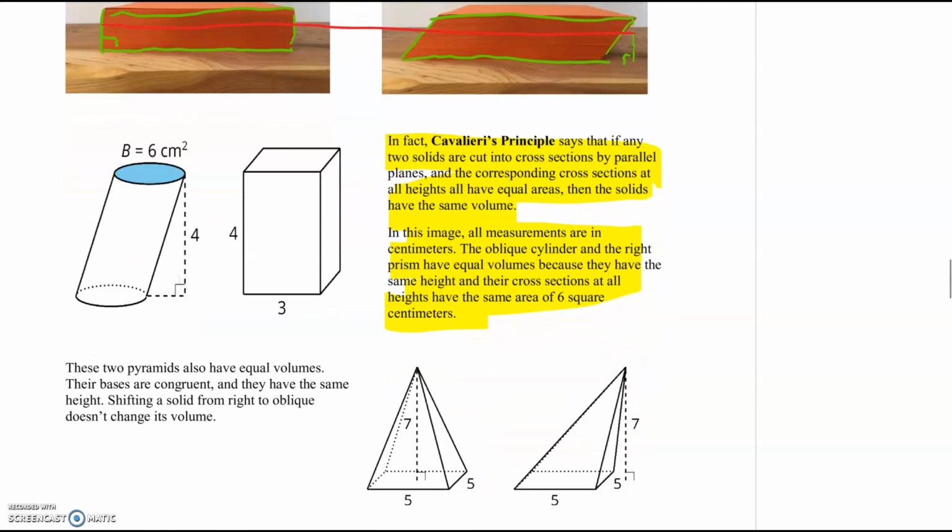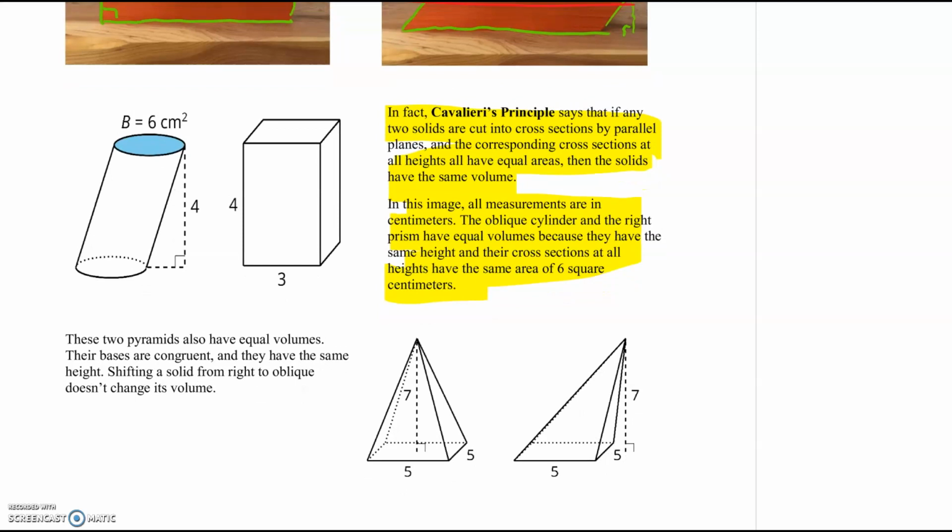And we can see that in this example where we have the cylinder with a base area of 6 square centimeters and a height of 4, and we also have this square prism.